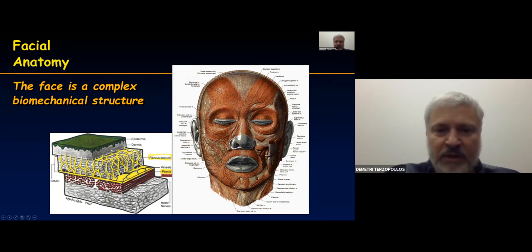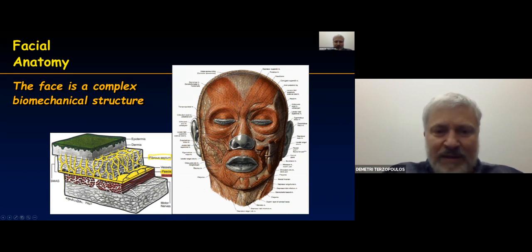soft tissues. There's the epidermis, the dermal layer, fibrous septum over here, which has fatty tissue and vessels and so on. There are muscles embedded in the soft tissue underneath the skin, and beneath that as well is additional fatty or adipose tissue.